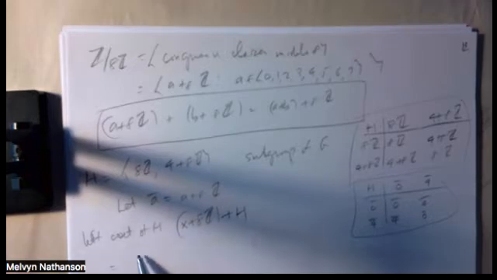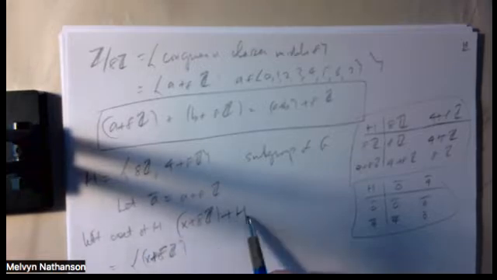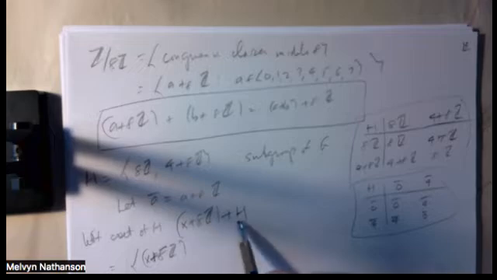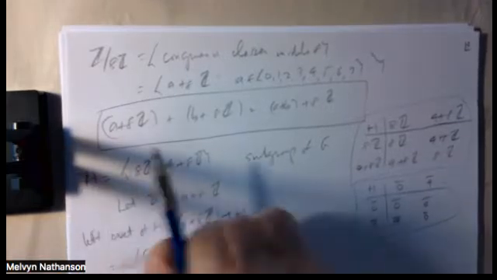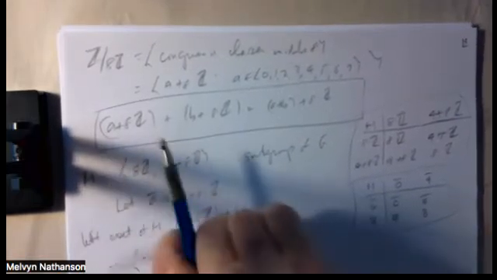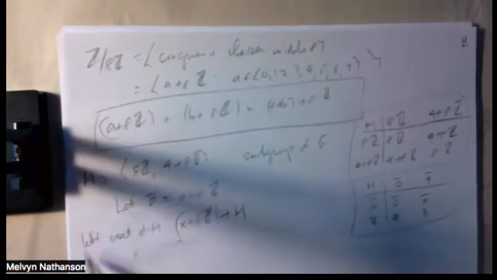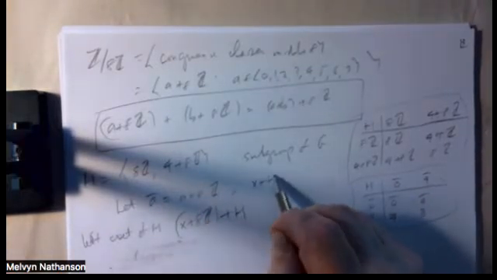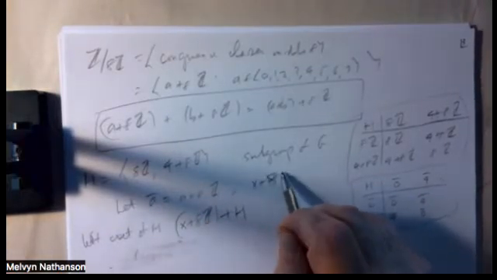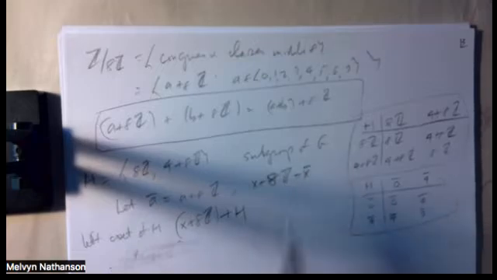This is x plus every element in H. What are the elements in H? H has two elements. Maybe to make it so there's less writing and maybe it's clearer, x plus 8Z, again, this is x bar.